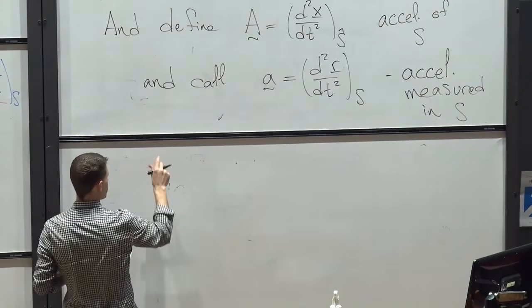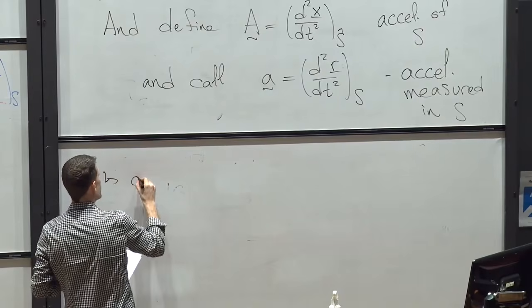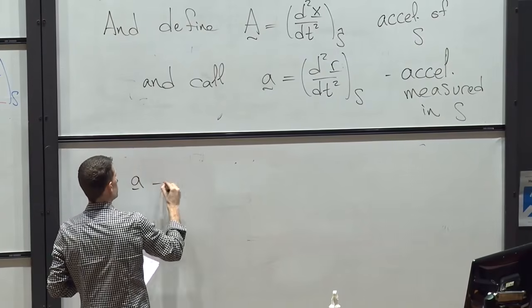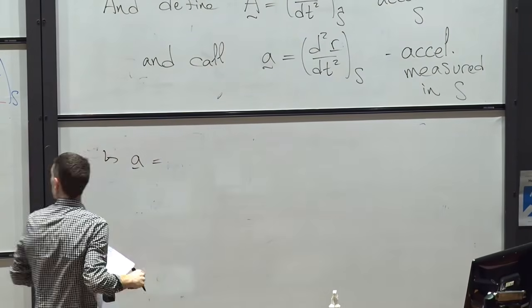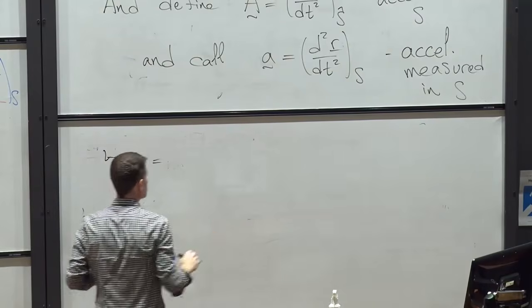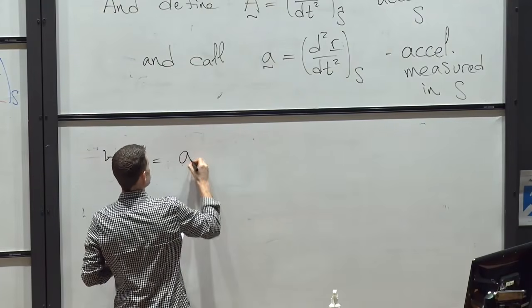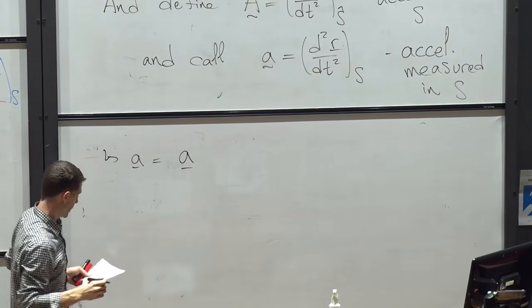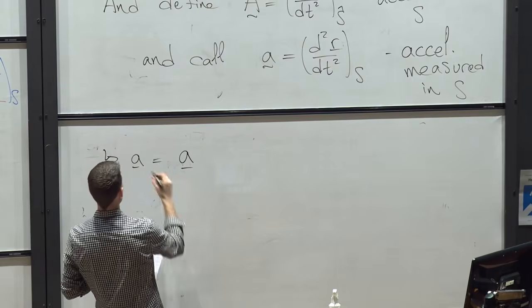Then we can just shuffle things around and we get that little a, the acceleration in the non-inertial frame is... a with the hat, or sorry, I'm going to do the other way around.